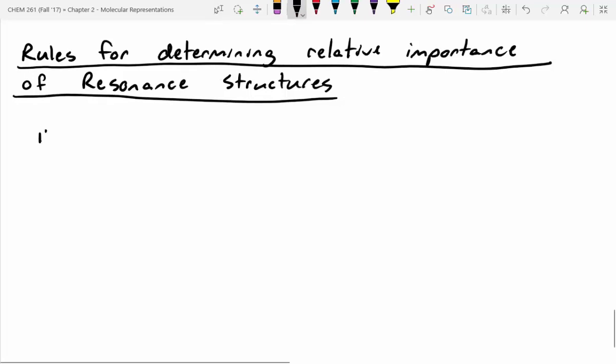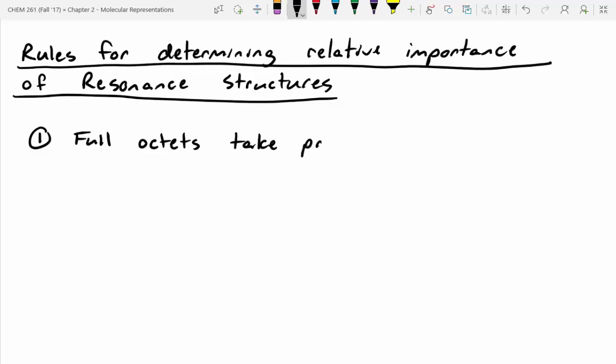Number one, the first thing you want to look at is whether or not each of the atoms in the molecule has a full octet of electrons. So full octets take priority. An example some of you saw during the review session was carbon monoxide.